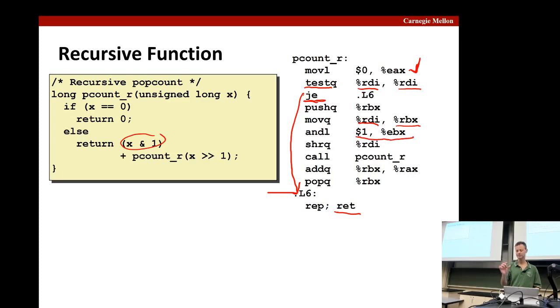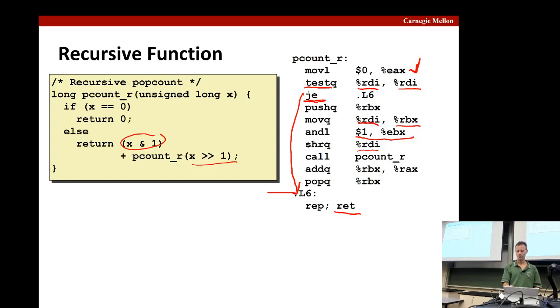And again, it's a little bit tricky because they're doing the shorter forms of things, right? This is equivalent to an AND quad of 1 in RBX. But since they don't need to use all 64 bits, they use the shorter form. Then you've got your shift right, which is this here. And then a recursive call based on the now shifted argument.